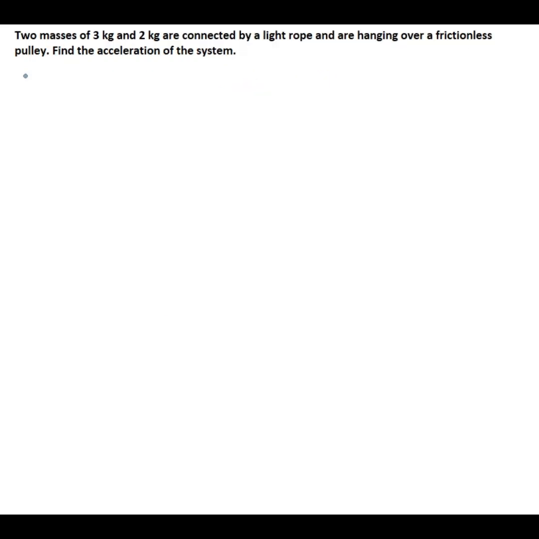For this next example, two masses of 3 kg and 2 kg are connected by a light rope and are hanging over a frictionless pulley. Find the acceleration of the system. Let's let the first mass, called M1, be the 3 kg mass. Then the second mass will be M2, which is the 2 kg mass.